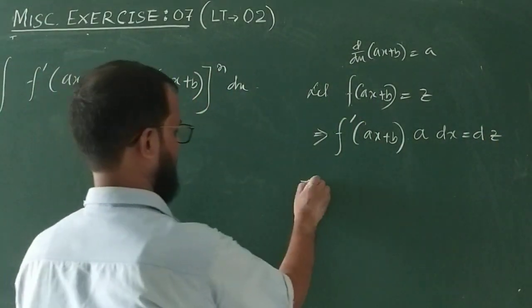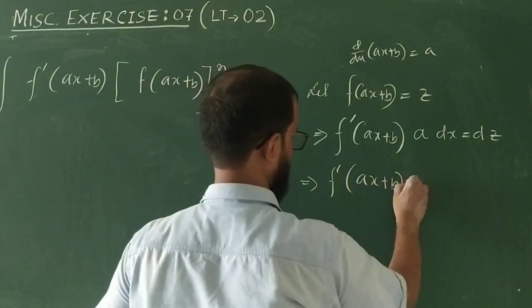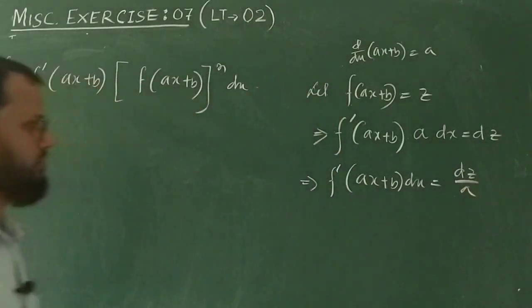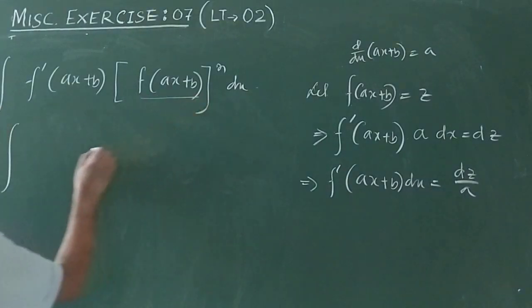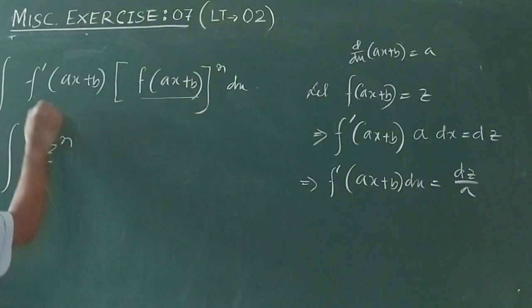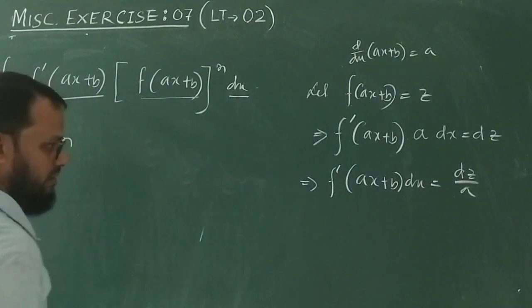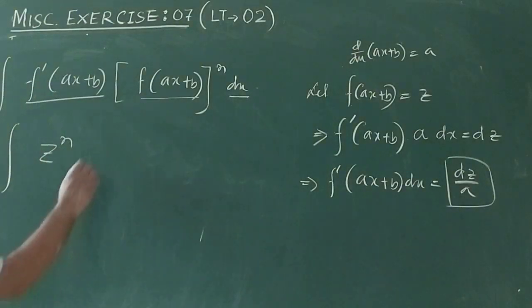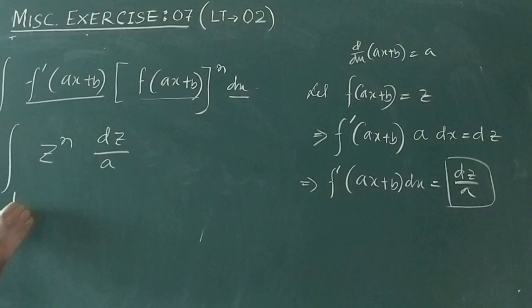So finally you write f dash of ax plus b into dx equal to what? dz by a. So your integral becomes z to the power n and f dash of ax plus b into dx, combining both, this one, okay, dz by a. So here it is dz by a, and 1 by a is a constant, it will come out.